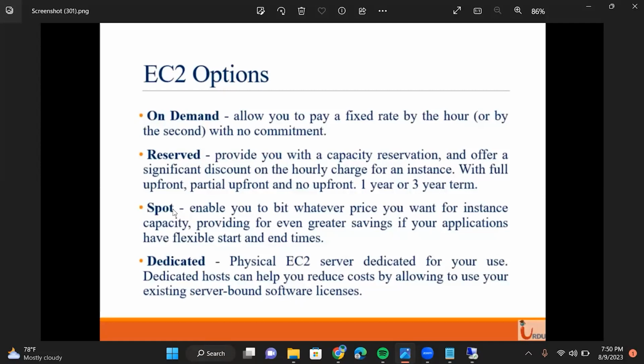Let's say for three instances they are asking for $15, and if you are comfortable paying $15 for three instances for a year, you can pay $15 to them, and if you have a better price, you can bid that price to them, and if your price is the highest, you will get the spot.